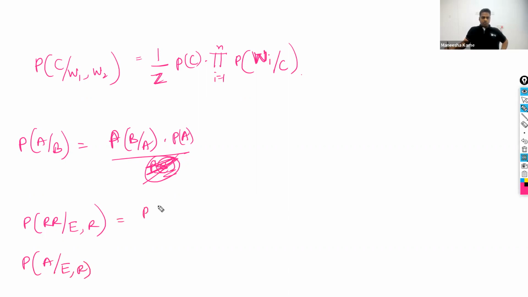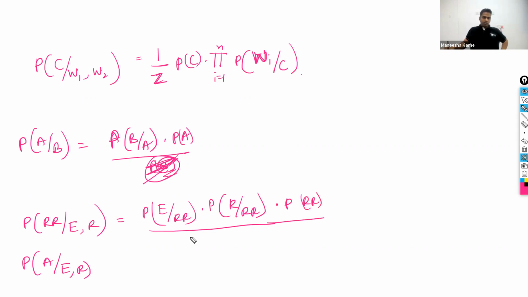Now this is written as probability of extend given routine request into probability of run out given routine request, divided into probability of routine request, which is probability of class, divided by probability of extend into probability of run out. Clear?